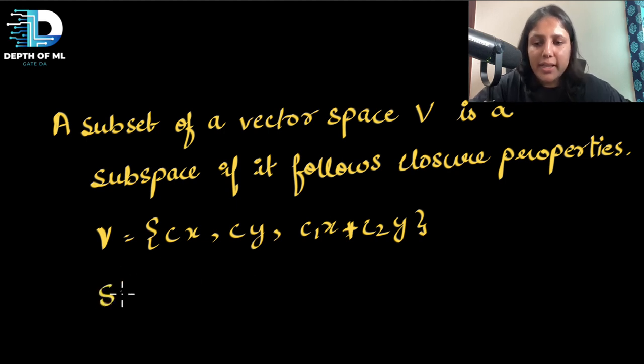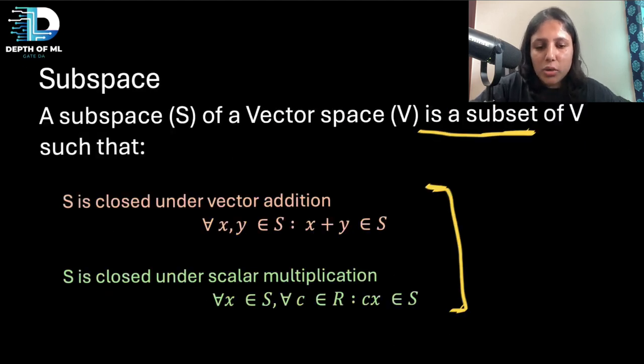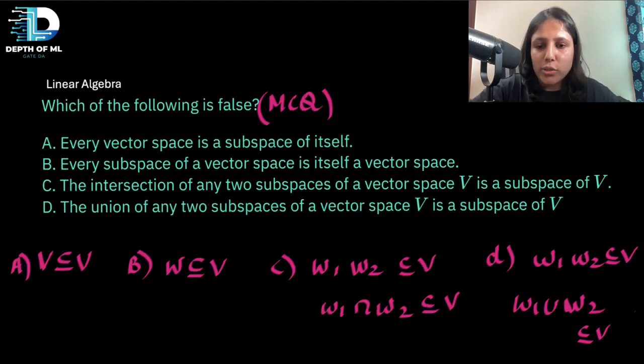Now if I define S to be this: I have x, I have 2x, and I have y. Okay, and this is it. So this is a subset, but this is not a subspace, right? Because I have not defined any linear combination like x plus y in this. So this will not be a subspace, but it will be a subset. Fine. So now let's go back to our question and try to solve that.